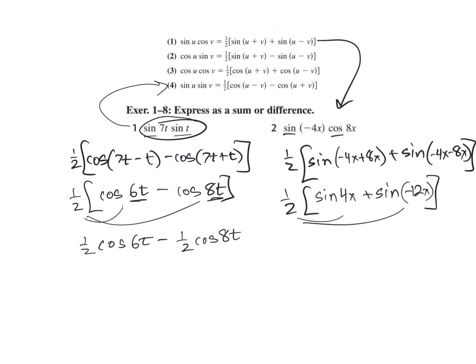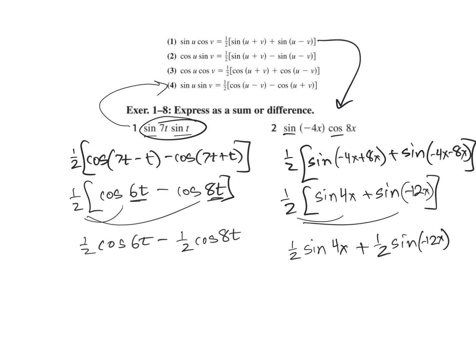And we distribute the 1/2, and we get 1/2 times the sine of 4x, plus 1/2 times the sine of negative 12x. Again, don't divide the angle by the 1/2.